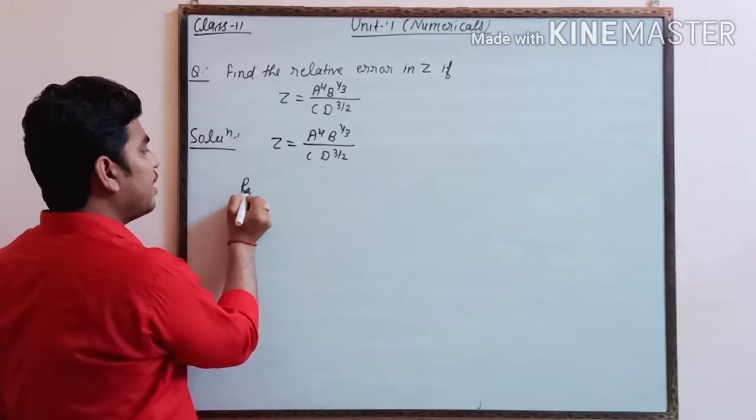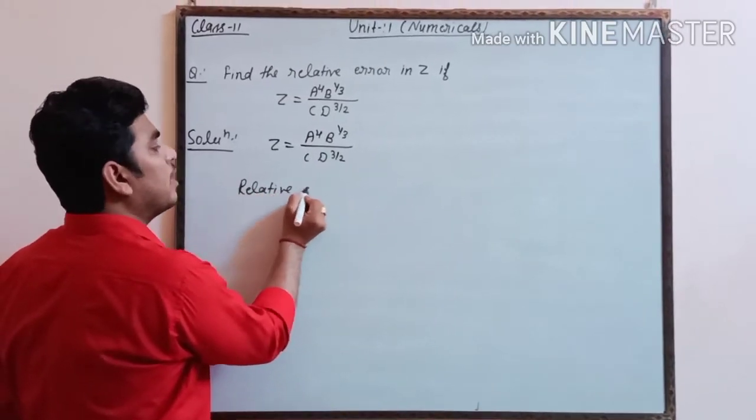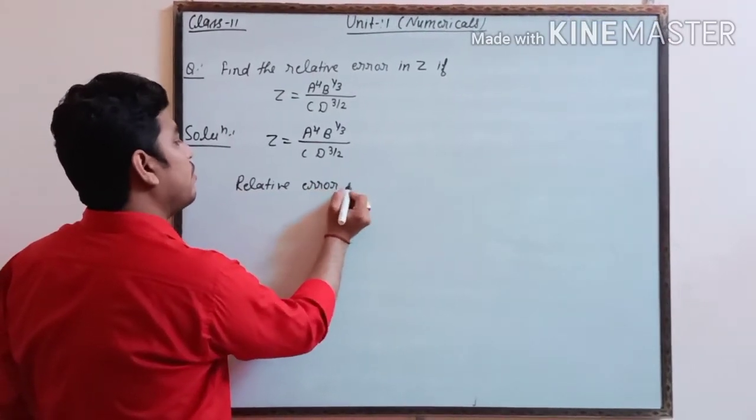So relative error in Z. There is a simple formula.